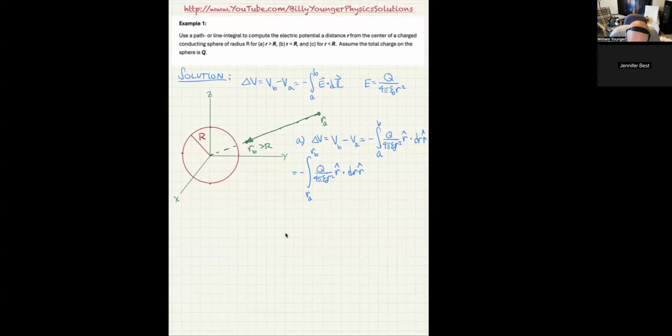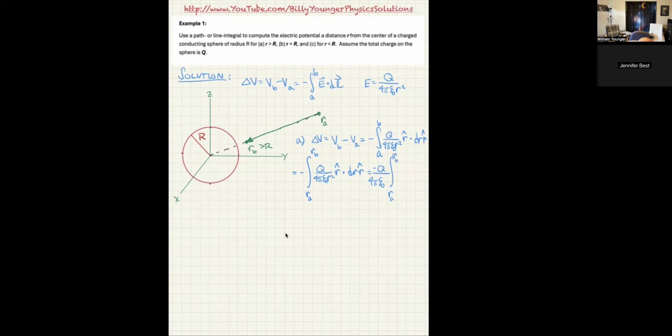We could actually pull that in between the dot and the dr if we wanted, but we could also pull the dr from between the dot and the r hat and out in front, and that's actually what I'm going to do. I'm also going to pull out the constants, which are negative q over 4 pi epsilon naught. I pulled all that out in front. Now I'm integrating from RA to RB.